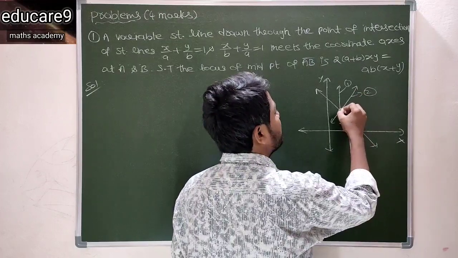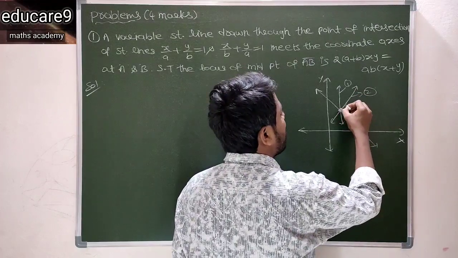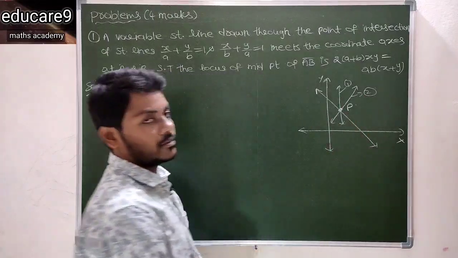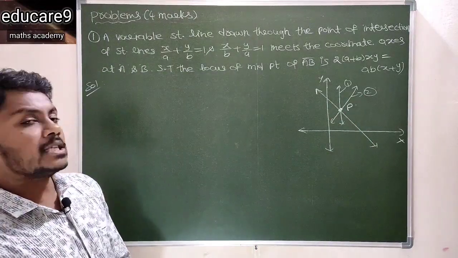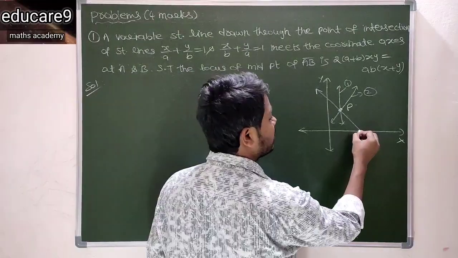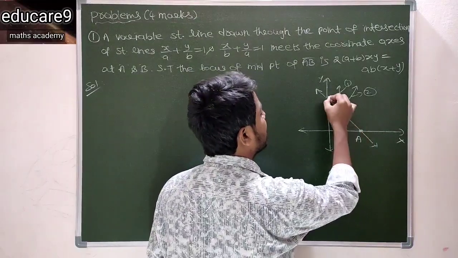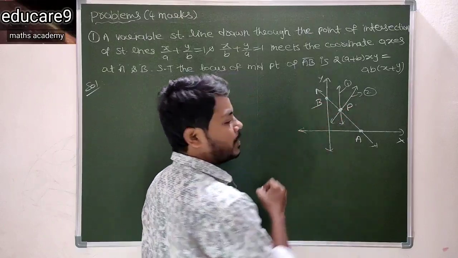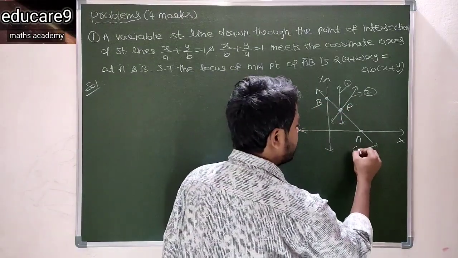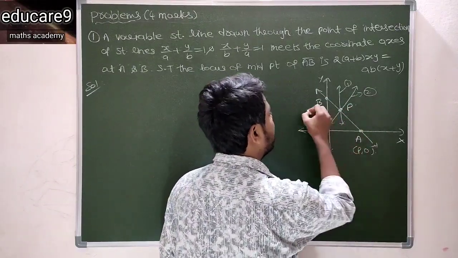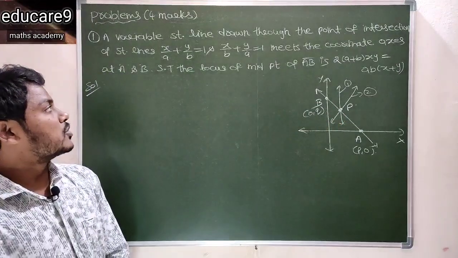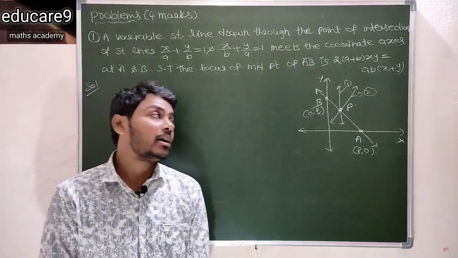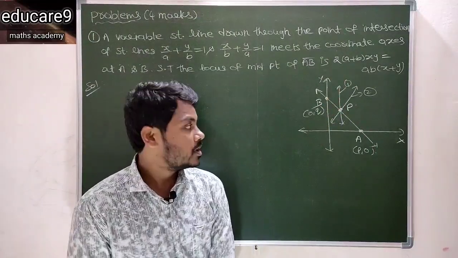Suppose that point is P. And it meets the coordinate axis at A and B. So the required straight line meets the coordinate axis at A and B. Suppose A is (p, 0) and B is (0, q). Then the locus of the midpoint of AB is this one.